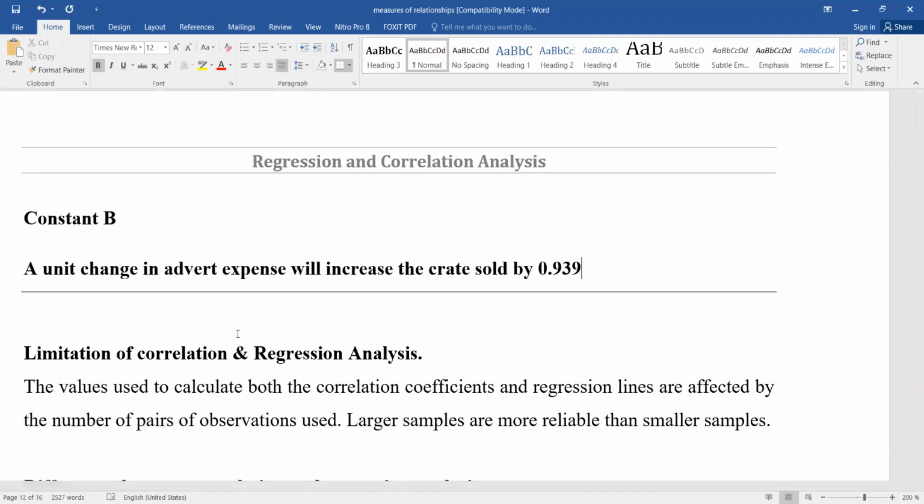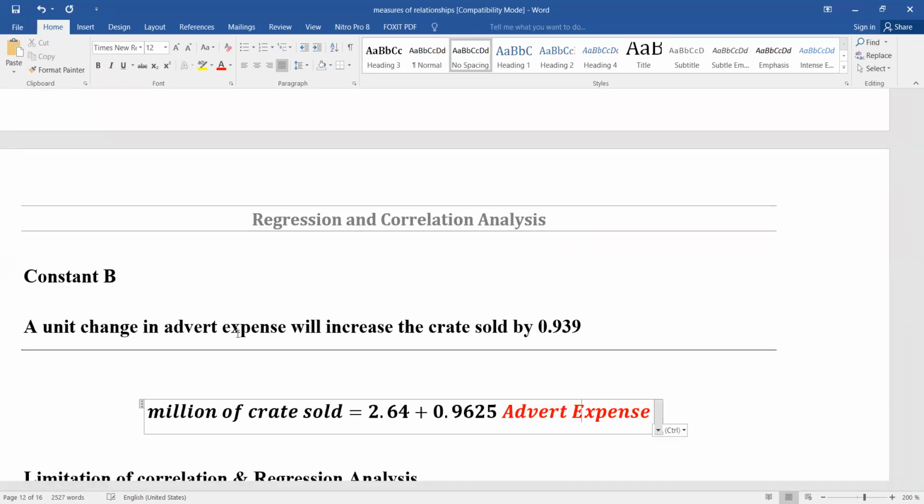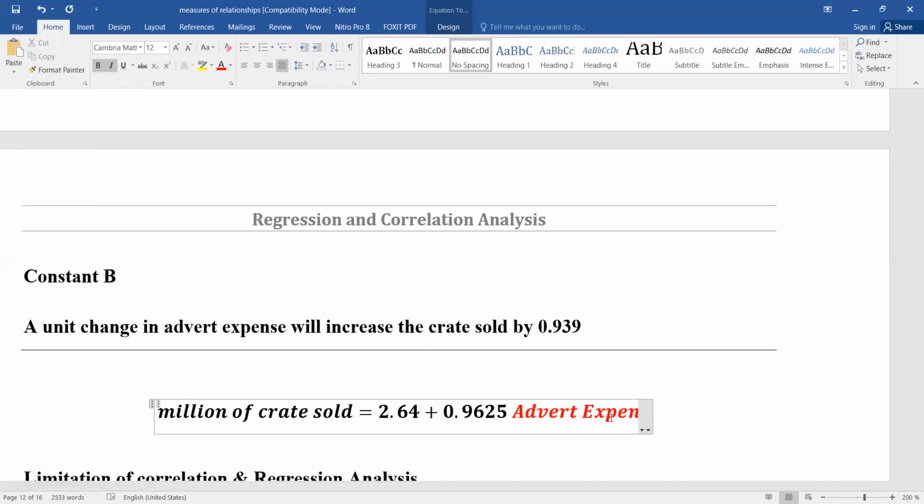So if you want to predict, you just multiply that by 500. If you've spent 500,000, you just multiply that. So you multiply and get me the answer.